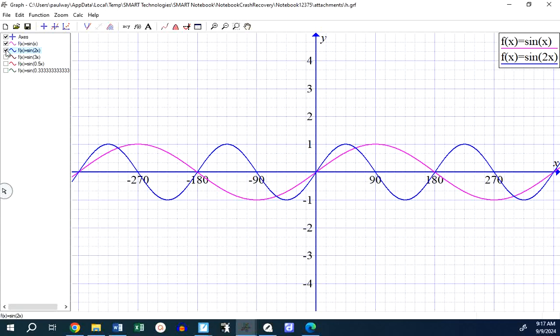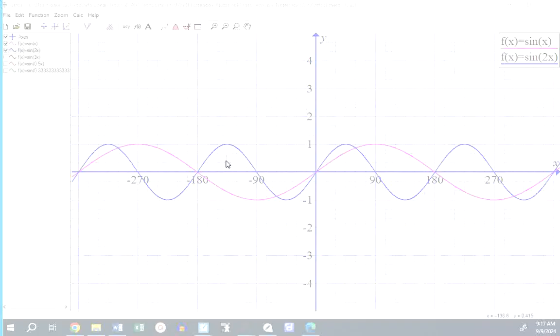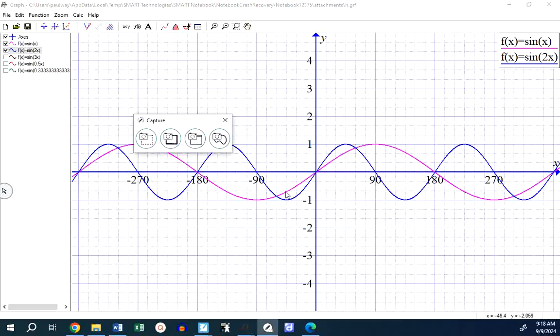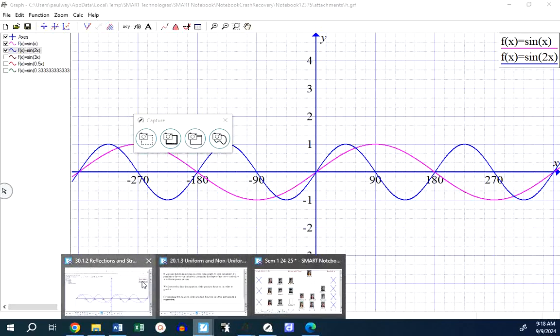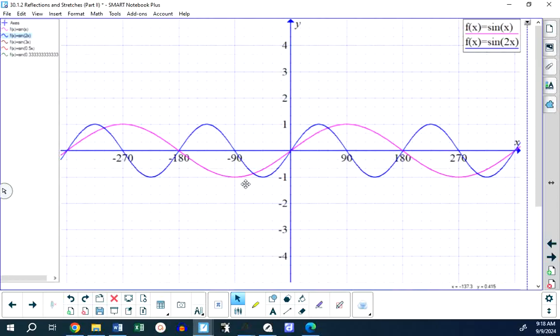And to help you visualize this, maybe what I will do is put this into my notebook software so I can highlight some things. So the pink function is the original function.